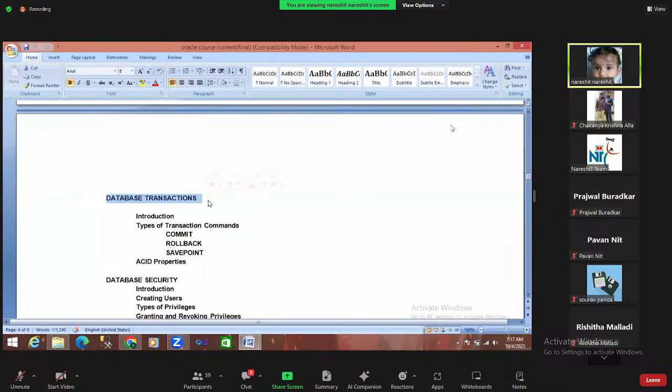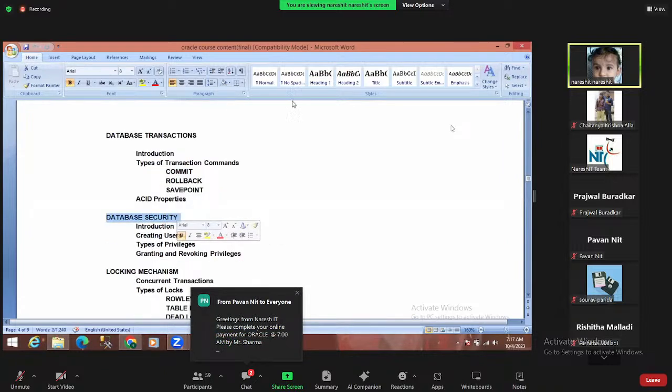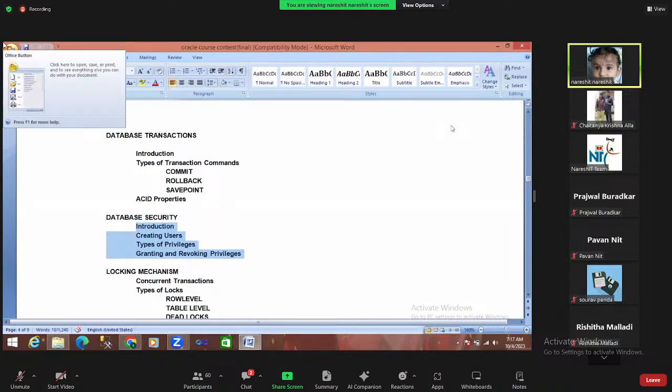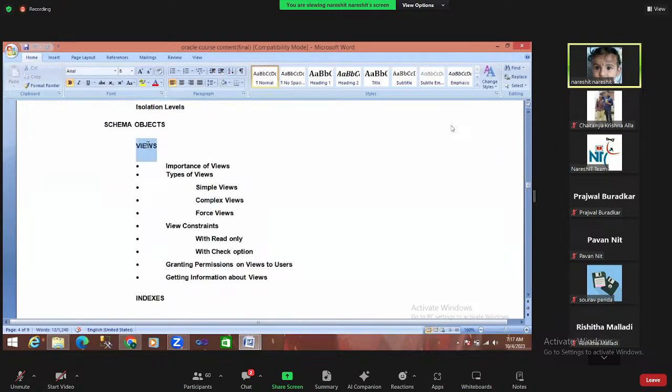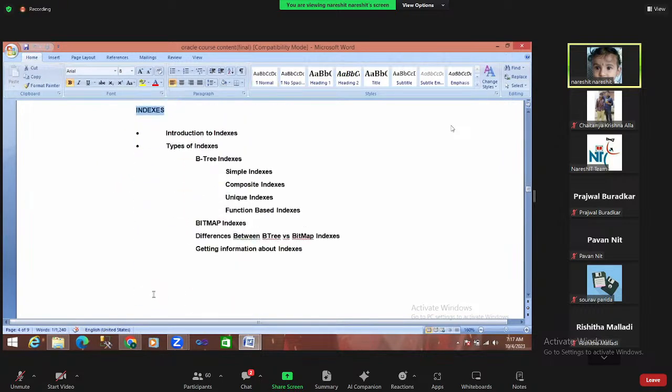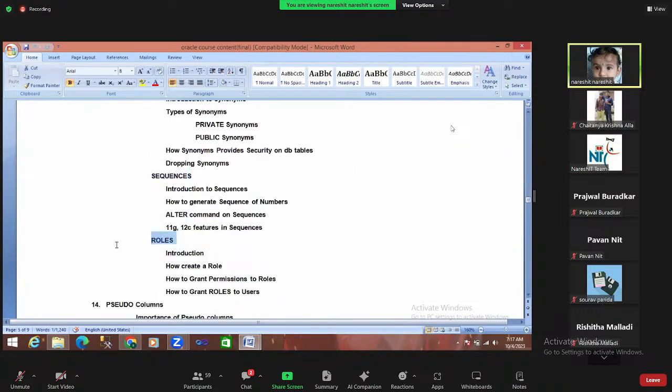Next, database transactions: commit, savepoint, rollback. Data security: how to create users, how to give permissions to users, how to grant permissions. Next is the locking mechanism and schema objects: views, indexes, synonyms, sequences, roles. These are the DB objects.